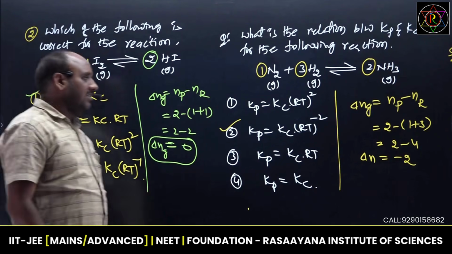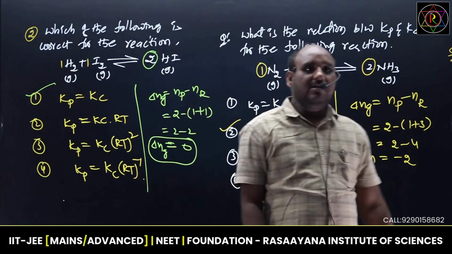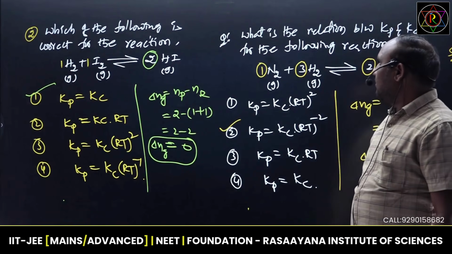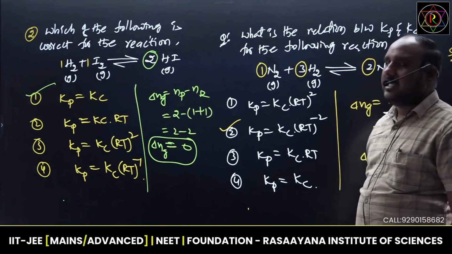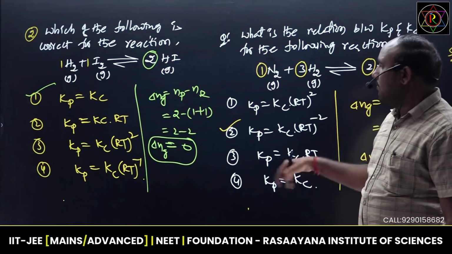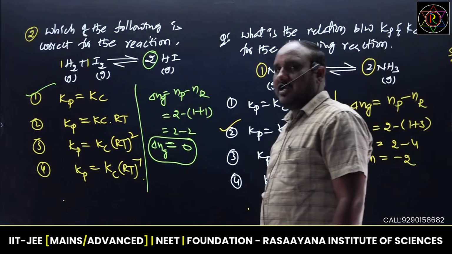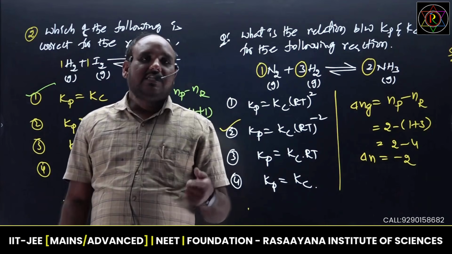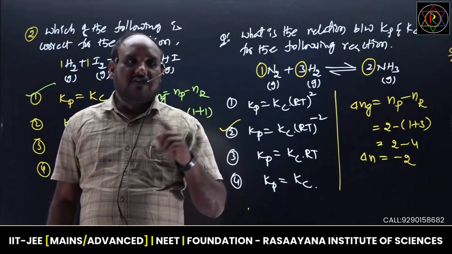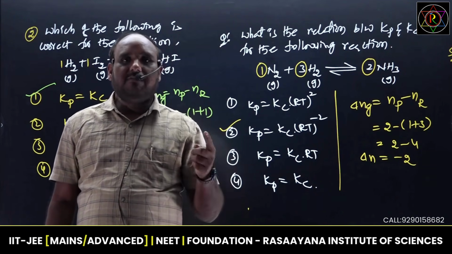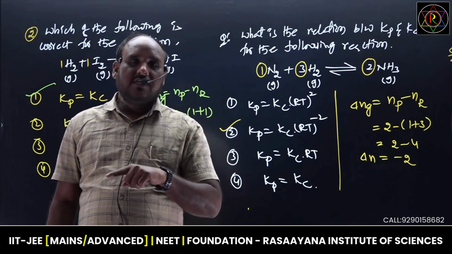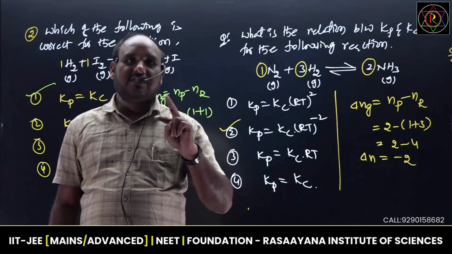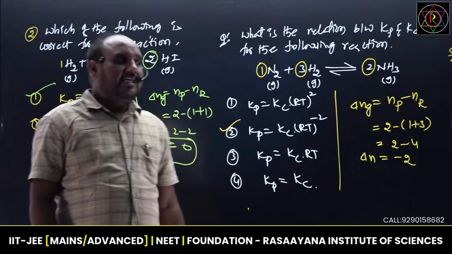Right. So both equilibrium constants Kc and Kp are the same. This is the relation between Kp and Kc that we have to apply for various reactions. If delta Ng is less than 0, Kc will be more compared to Kp. If delta Ng is greater than 0, Kp will be more compared to Kc. Right. So if delta Ng is equal to 0, both Kp and Kc are equal.